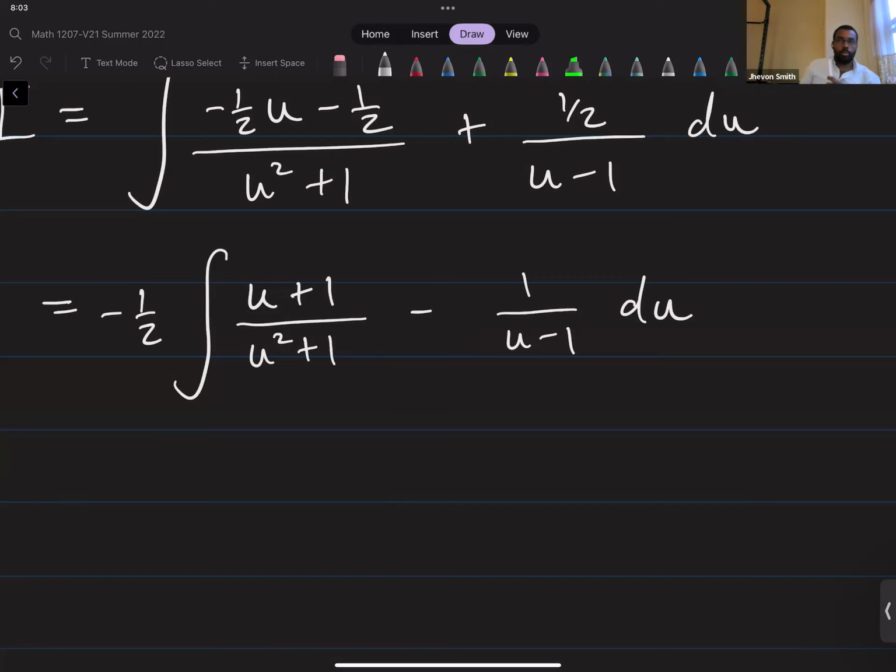Ideas now? Could we do a substitution on this one?